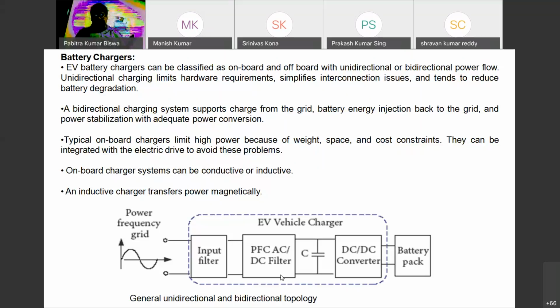It is difficult. So the output voltage of the AC to DC converter will not be proper. Then the DC to DC converter, which is bidirectional, may also be a problem.